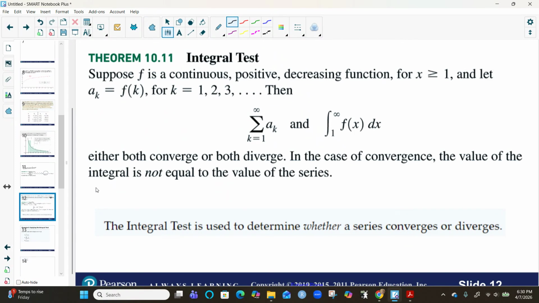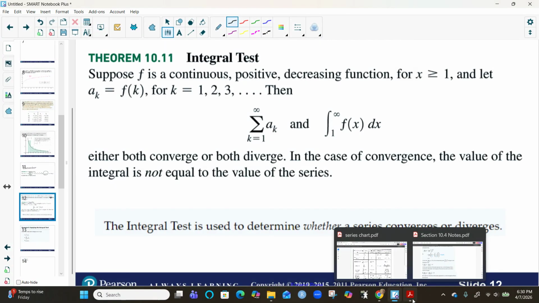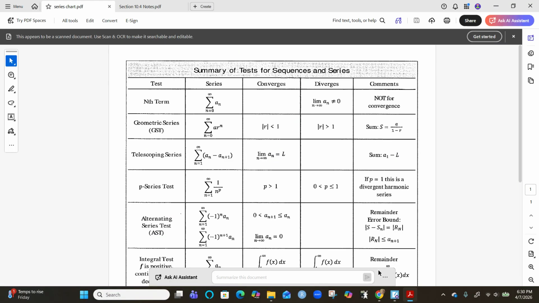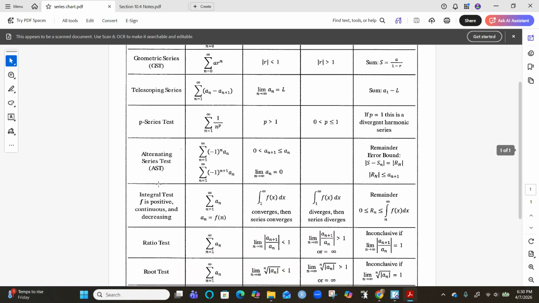Then either this series and this integral converges, or this series and this integral diverges. In the case of convergence, the value of the integral is not what the series is converging to. Okay? So if you take a look at our chart, because I always want to go back to the chart, I want you to get used to using it.